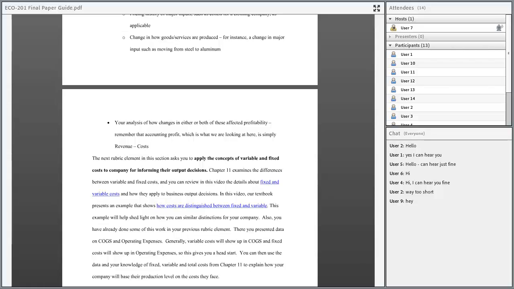Once you have gone through the cost, so once you have determined the profitability, that's how you can also examine how this profitability affects the output decisions of the firm, and how the fixed and the variable costs impact the firm, basically. You can find a discussion about fixed and variable costs in chapter 11, and you can see how they apply.